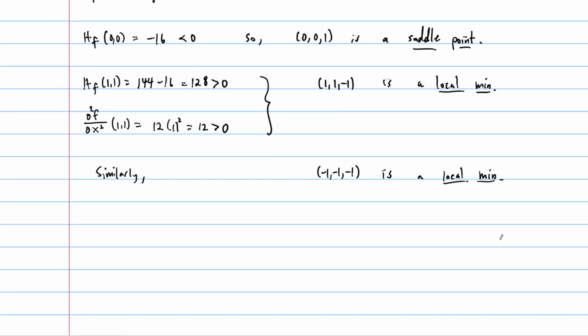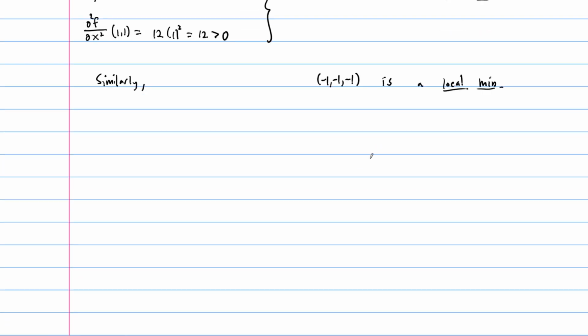Now, just given this information, we can sketch a little bit of the surface here. There are these three critical points, right? And everything is curving upward at the local minimums, but in between, we have something like this.